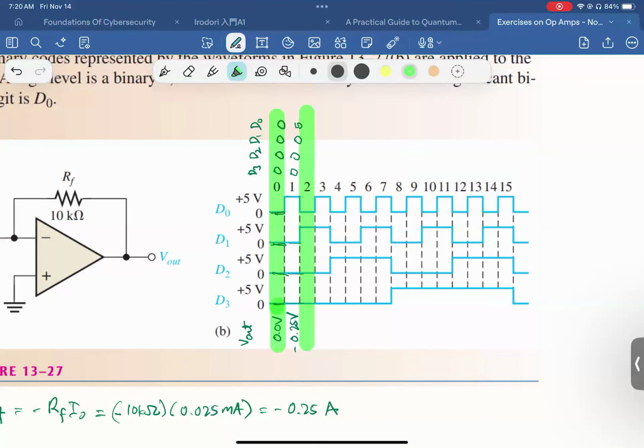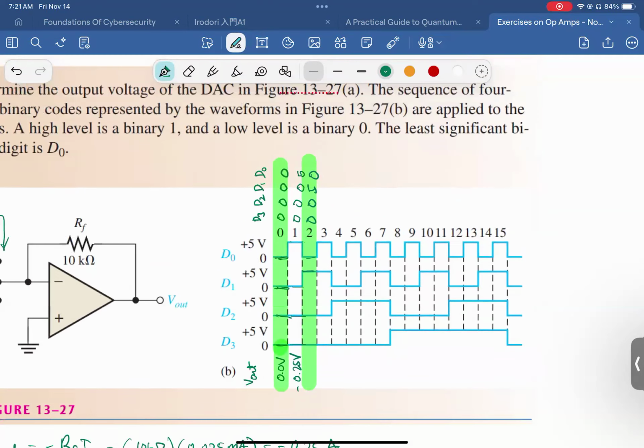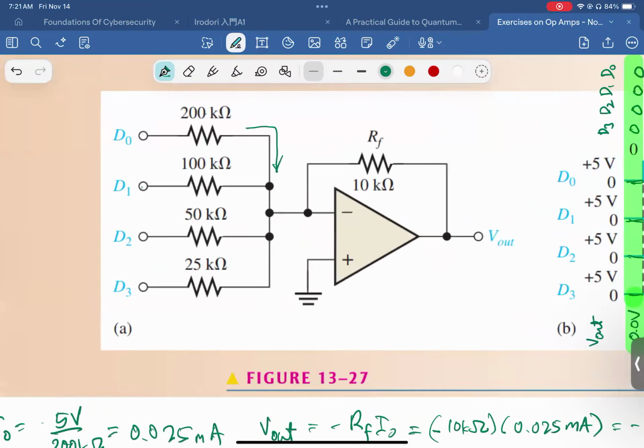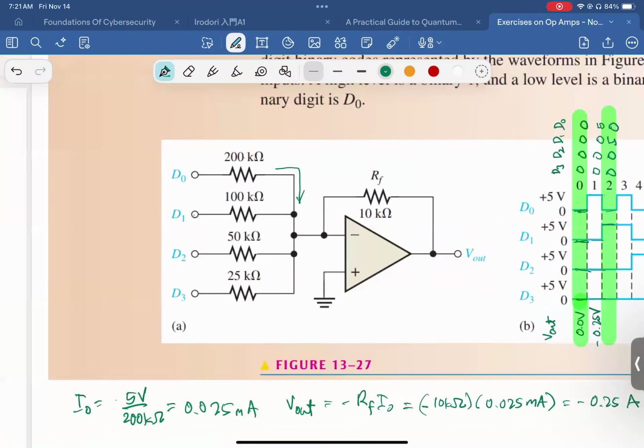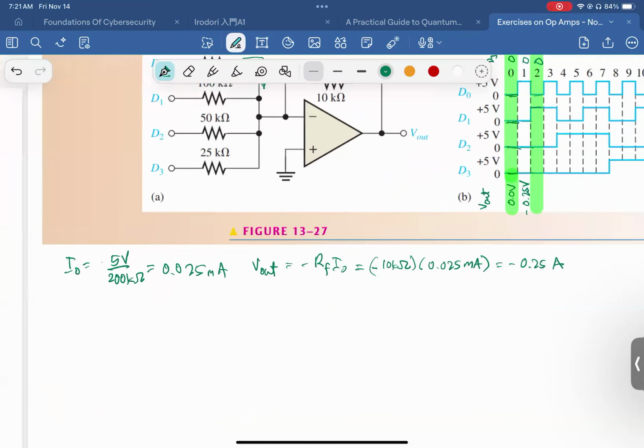So we have 0, 0, and then dito may 1. May 5 volts ka na signal, then dito 0. So ano ngayon yung output dyan? So yung D1 ngayon yung present. Yung input resistance sa D1 is 100 kilo ohms.